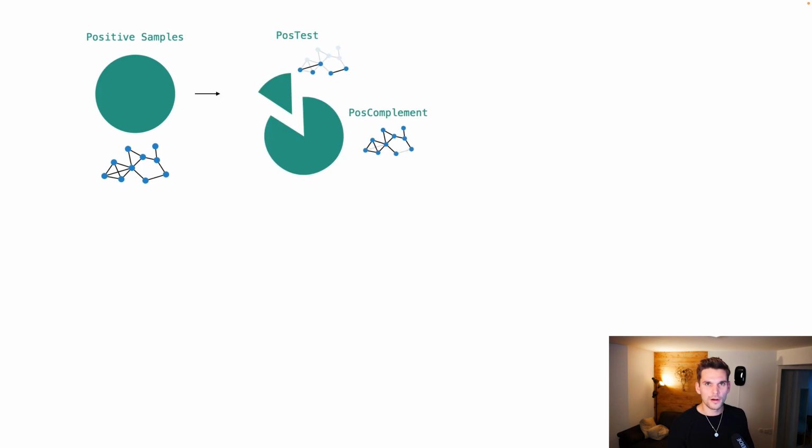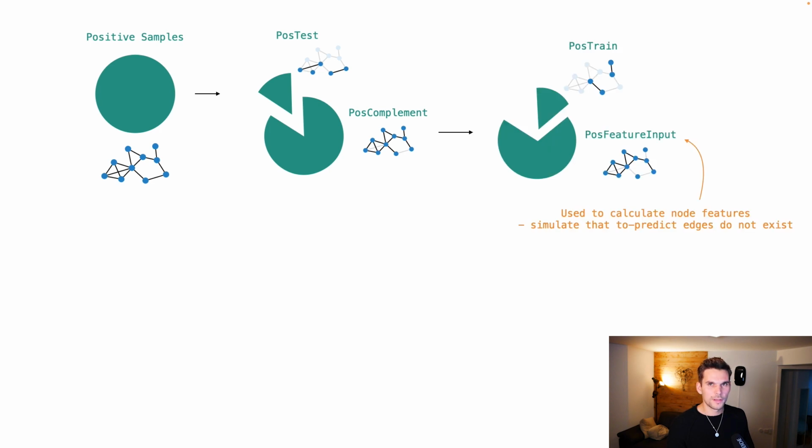Okay, let's consider the co-authorship edges as our positive samples. So our positive samples are the edges that already exist in the graph, which we know are correct. Now we take this positive set with all the edges and split it into three sets, which would be the positive test set, the positive train set, and the positive feature input set.